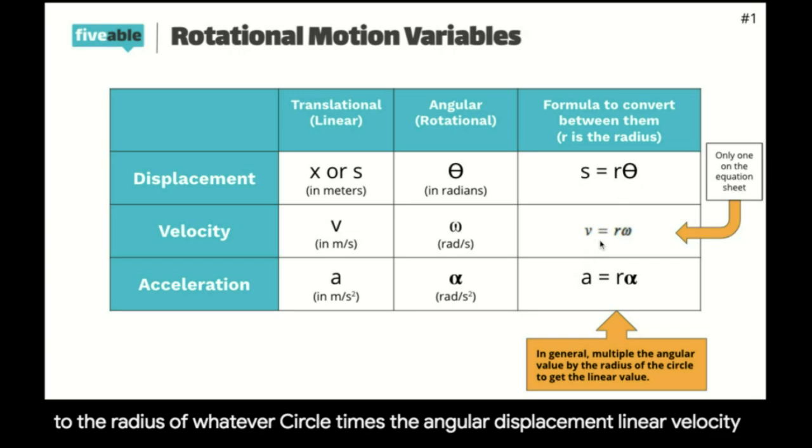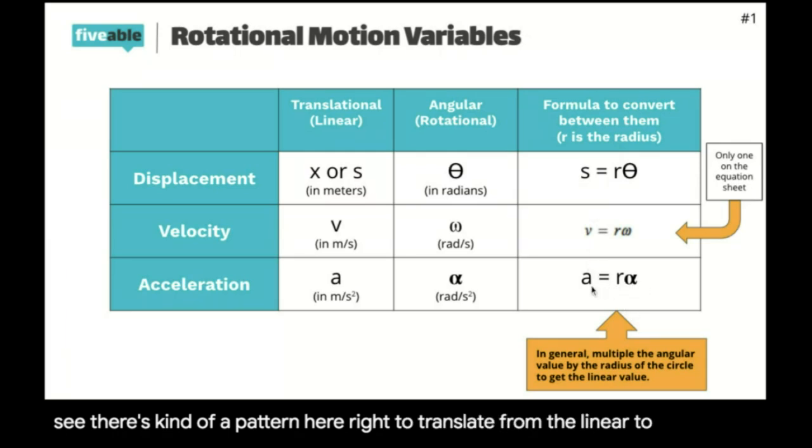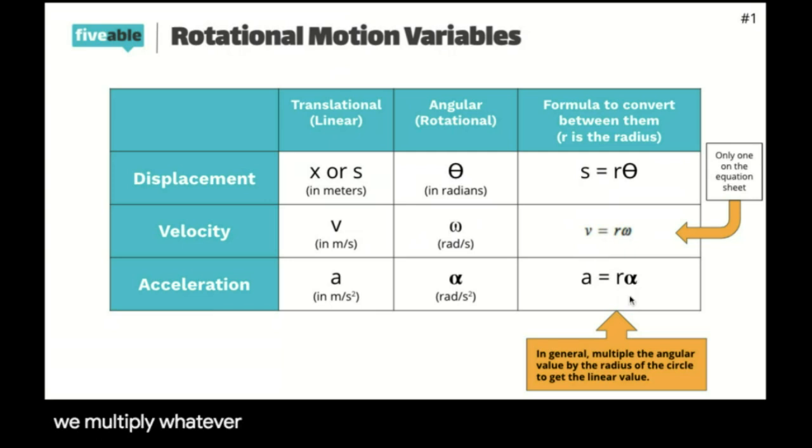Linear velocity is equal to the radius times the angular velocity. Linear acceleration is equal to the radius times the angular acceleration. Hopefully you can see there's a pattern here, right? To translate from the angular to the linear, we multiply whatever the angular thing is times the radius.